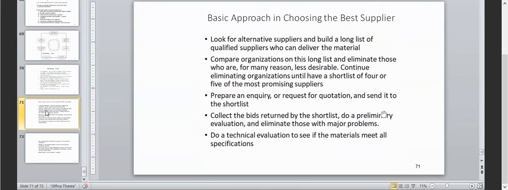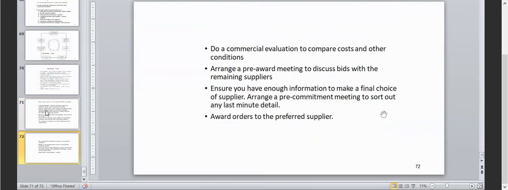So we eliminate those suppliers that have a major problem, for example, about the quality of material delivered from the supplier. After that, we do the technical evaluation to see if the material meets all the specifications in detail.